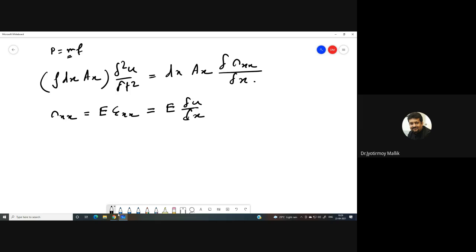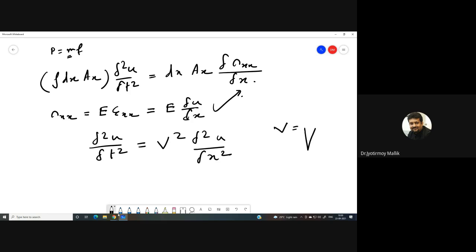Now I can replace sigma xx with this, and I will come up with an equation that delta square u by delta t square is equal to v square delta square u by delta x square, where v is equal to root over E by rho.